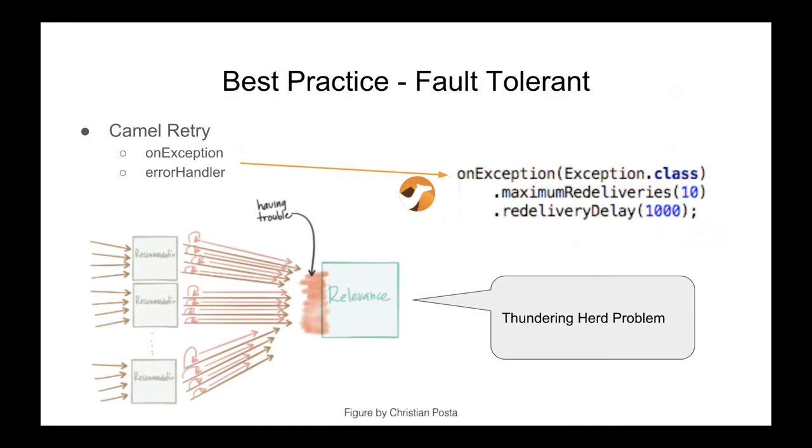This is a figure I have borrowed from Christian Posta. So we have this relevant service in the middle that is under stress, it has problems. All the other services that are trying to call it will fail. And because we are using client-side retries, they just keep on retrying, calling the same service over and over again, but it keeps on failing because it's overloaded, for example.